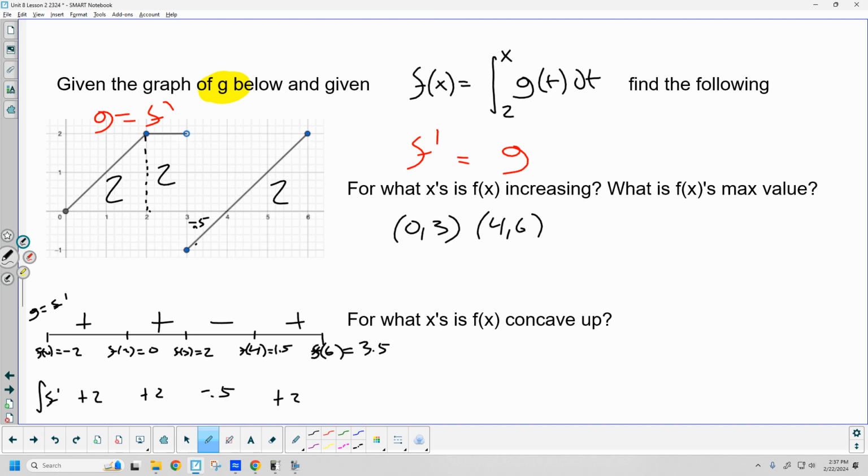So what is the max value? Max value, hold on. That's not looking at the signs, that's looking at the numbers. It's not your candidate. It's not 3. Not K anymore.